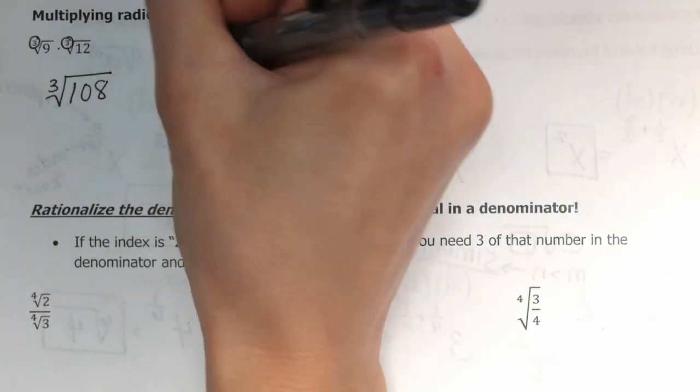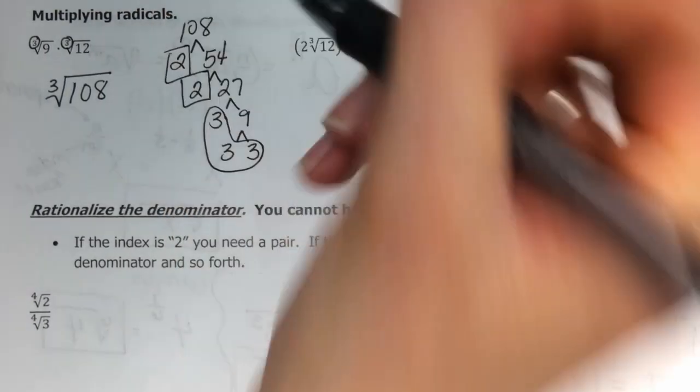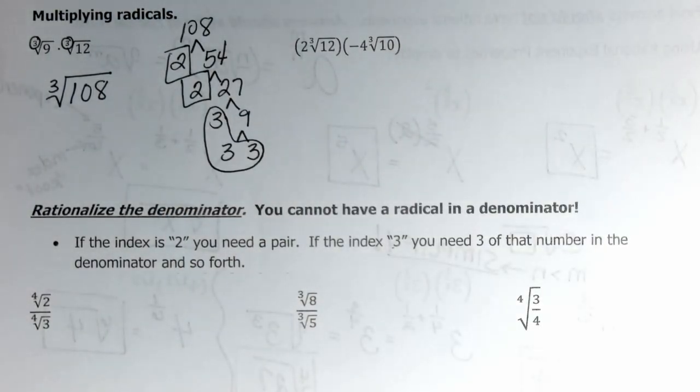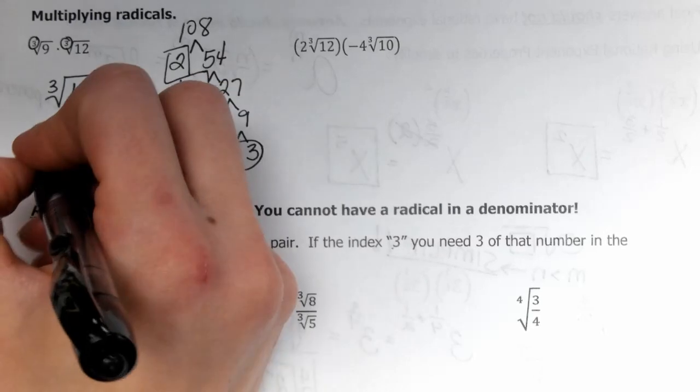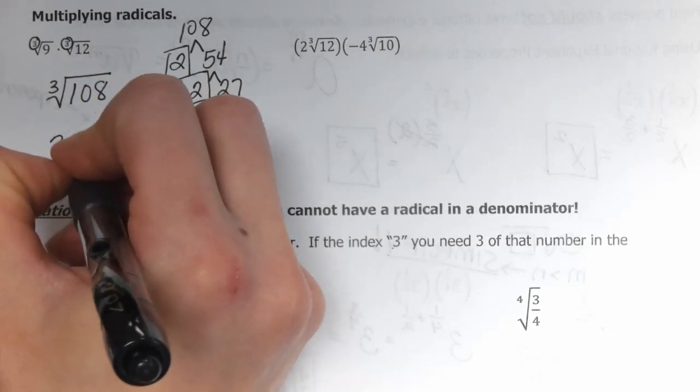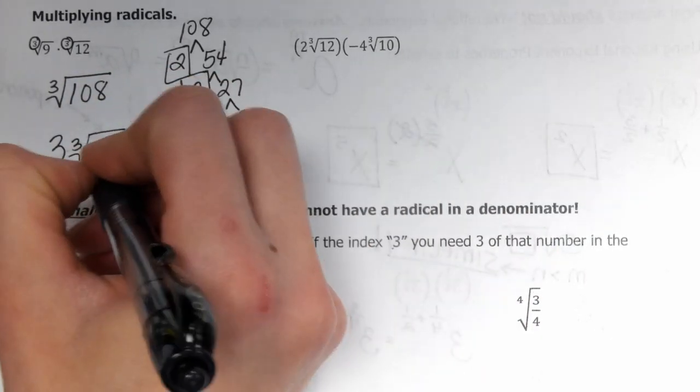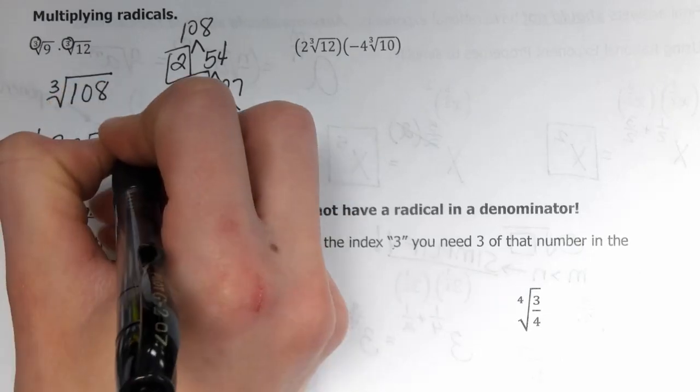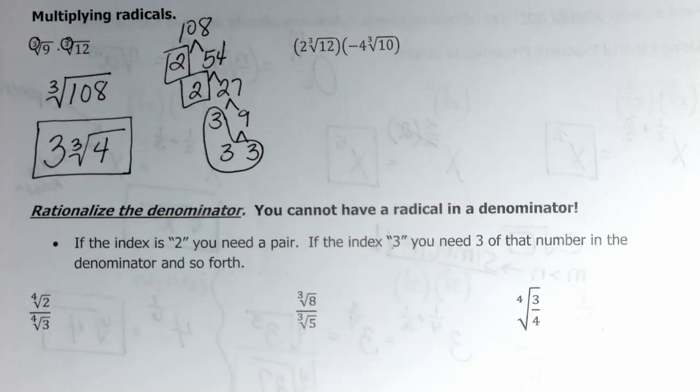It's a cube root. Even though I have 2 2's, I don't have 3 2's, so they're left over. So that becomes 3 times the cube root of 2 times 2 is 4. Okay?